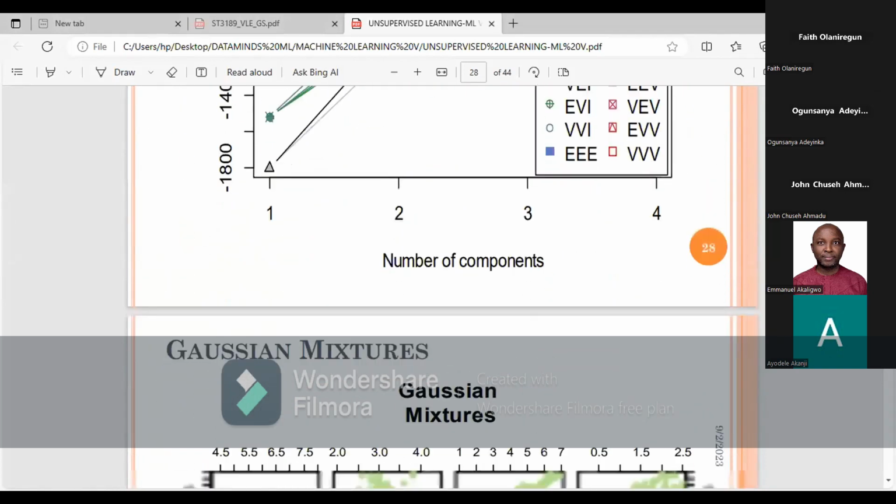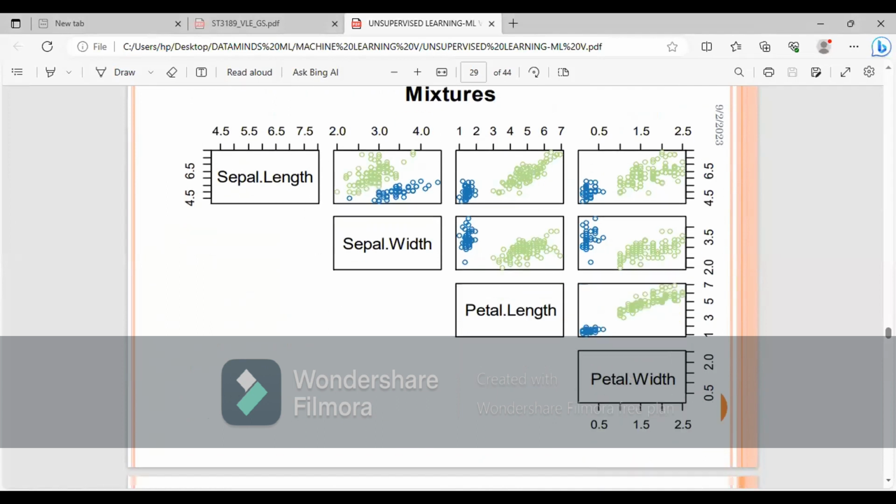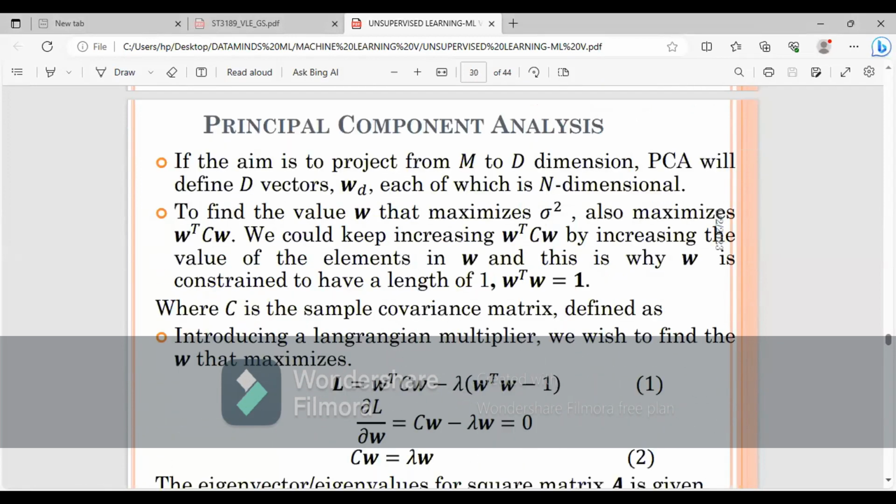Okay, I've gone past this. You can see how beautiful this looks compared to when we used the other clustering methods. Now to principal components, you have left clustering now. Another type of unsupervised learning is principal component analysis. What this does is a dimension reduction procedure, and the idea is just to maximize the variance.